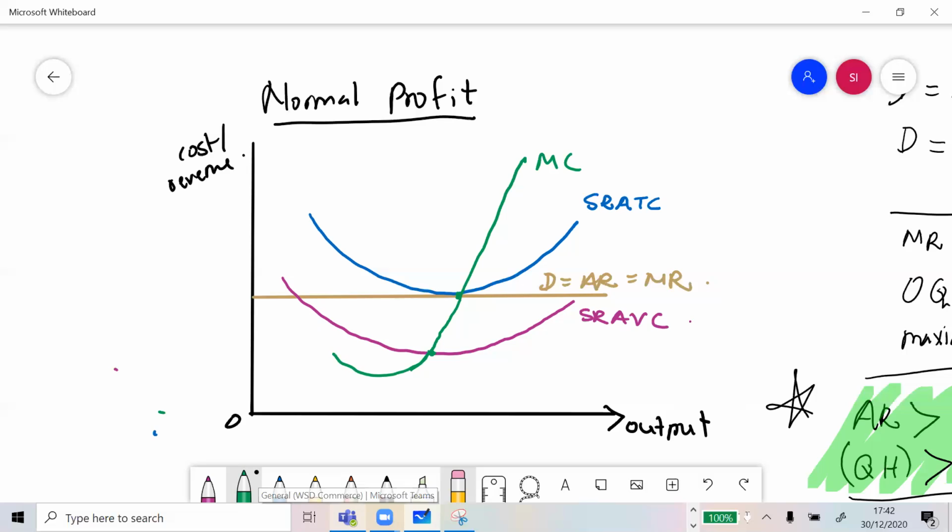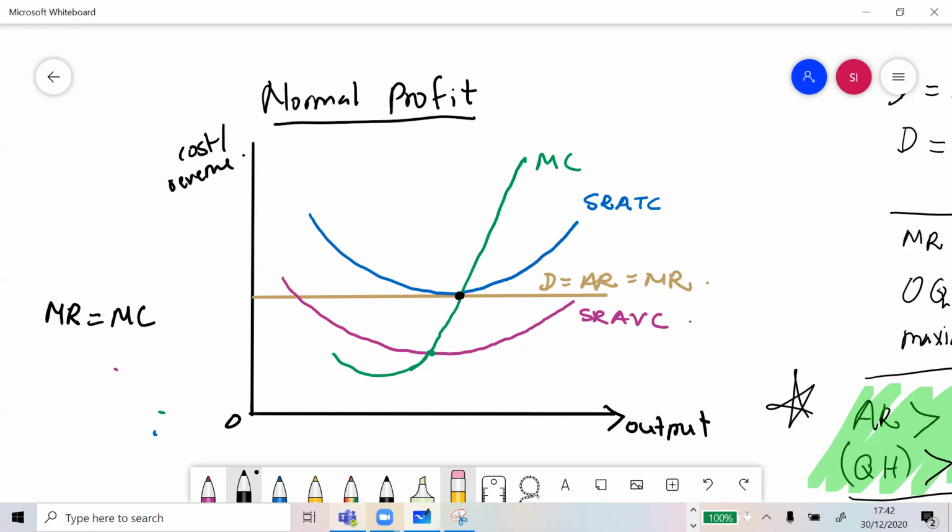Now, the rule which I need to apply is where MR should be equal to MC. MR equals MC. So where is that point? MR equals MC is exactly this particular point.